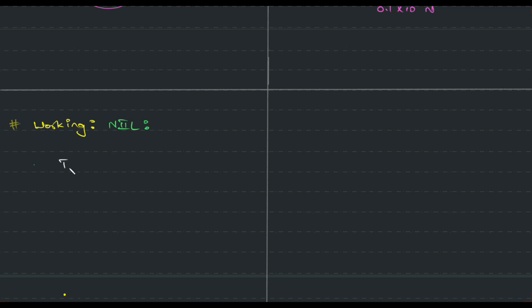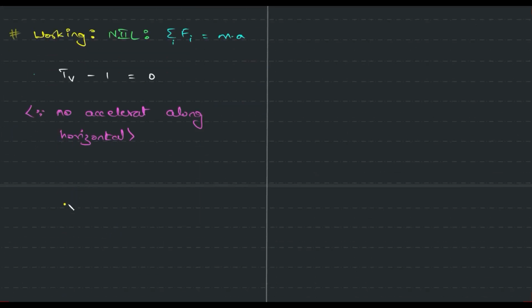We have TV minus 1 is equal to m into a, basically should be equal to zero, since there's no acceleration along the vertical. So we have TV is equal to 1 Newton.